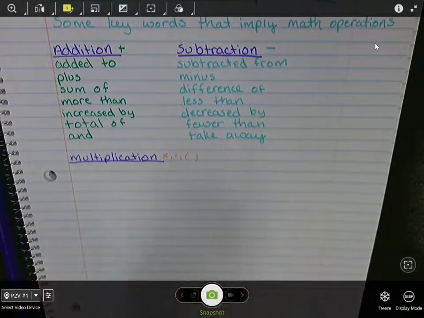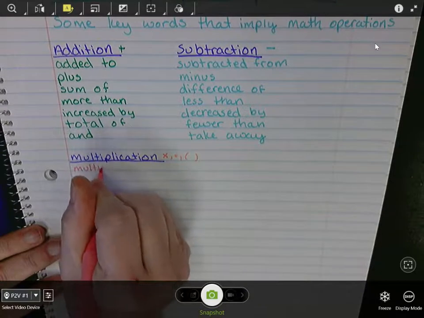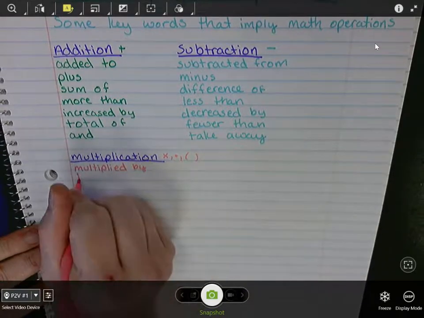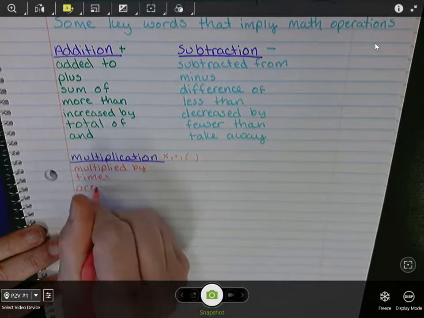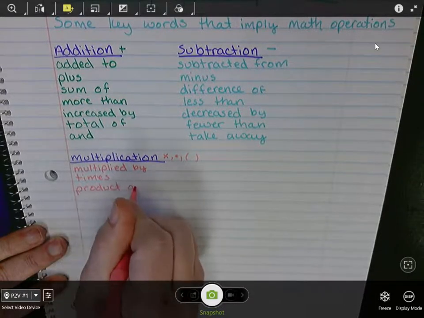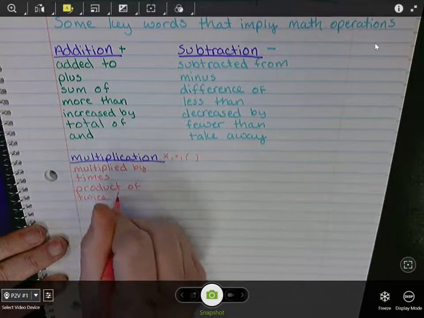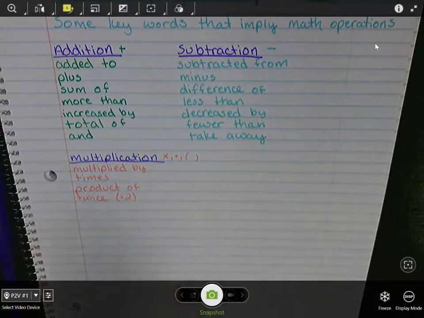You may see the phrase multiplied by, times, product of, the word twice. Twice means to multiply by 2. So all of those words mean to multiply.